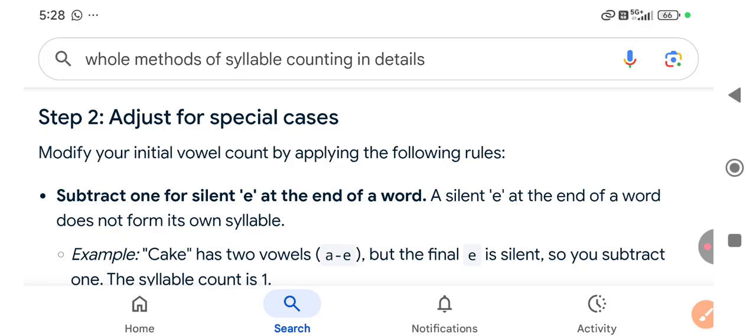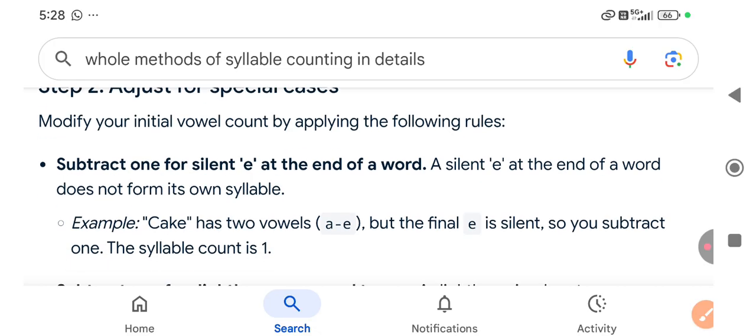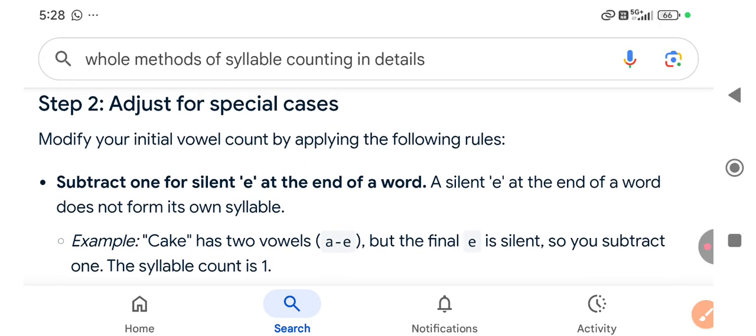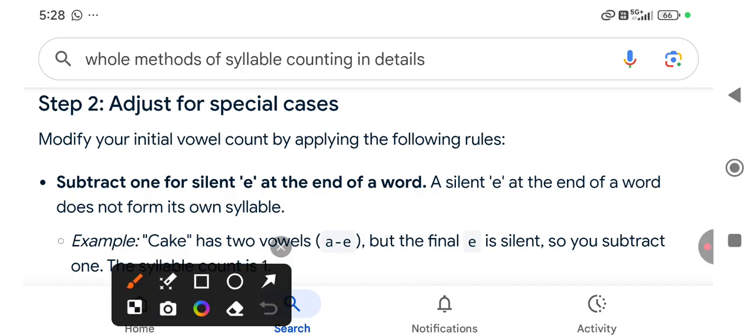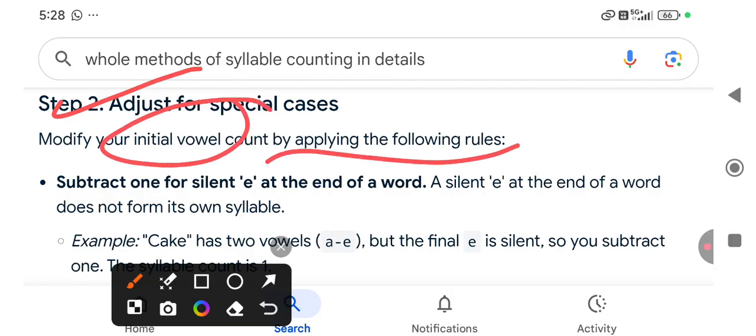Modify your initial vowel count by applying the following rules. So those rules are very important, and we are going to discuss them here.